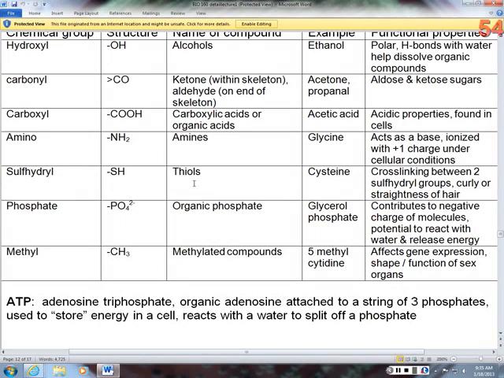It's one of the amino acids, and if you've got musculoskeletal injuries, having adequate amounts of that amino acid can be helpful because of the sulfhydryl groups. It's also what's going to determine curliness or straightness of hair, and there's sulfhydryl groups.